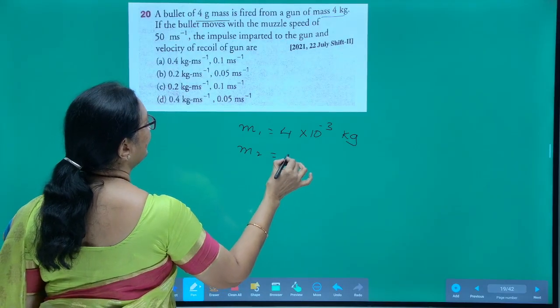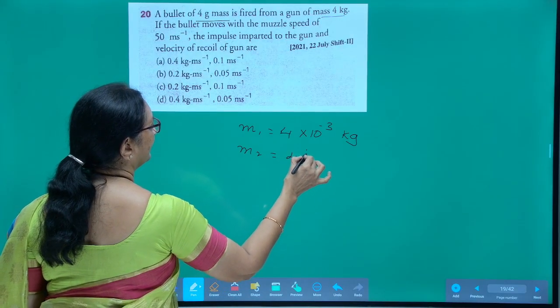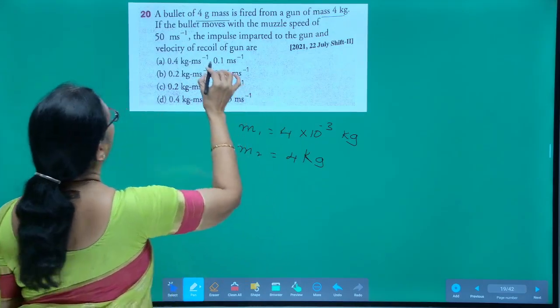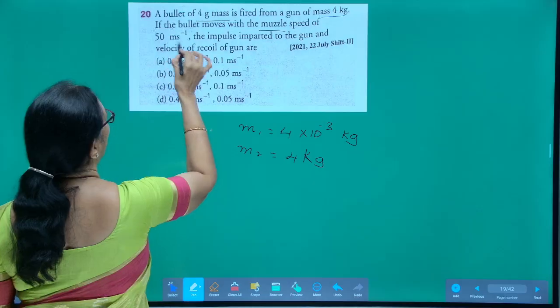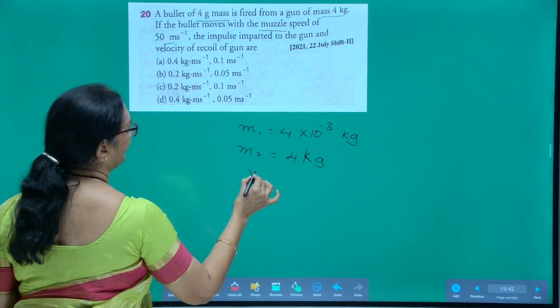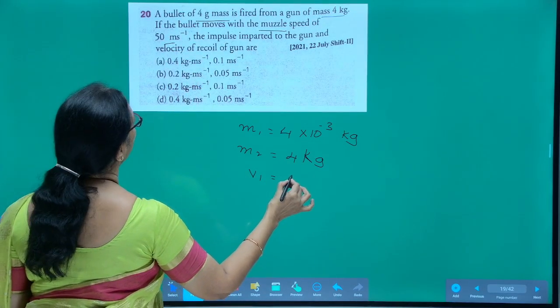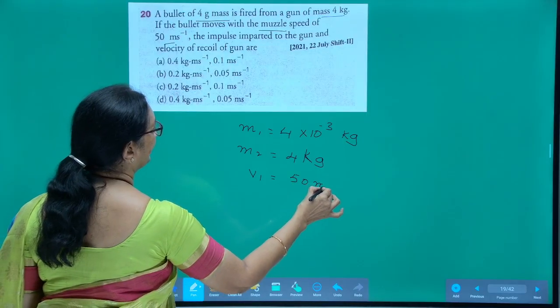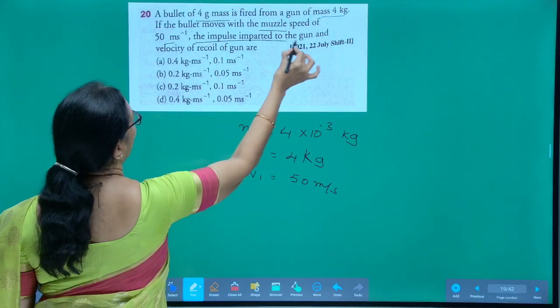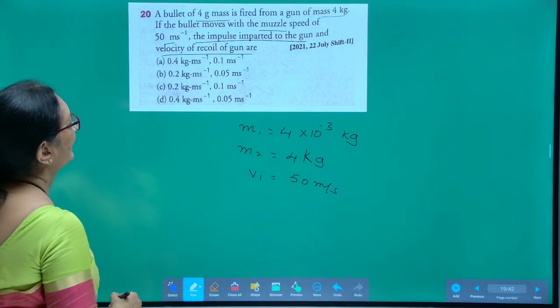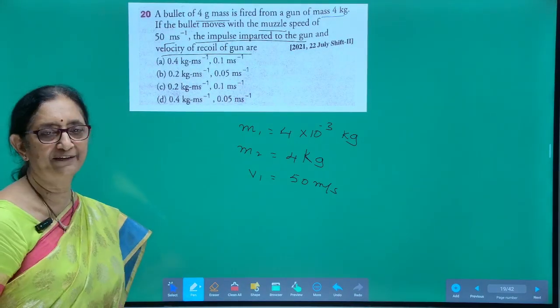Mass of the gun is given as 4 kg straight away. Bullet moves with a muzzle speed of 50 meter per second. Velocity of the bullet is 50 meter per second. Find the impulse imparted to the gun and the recoil velocity of the gun.